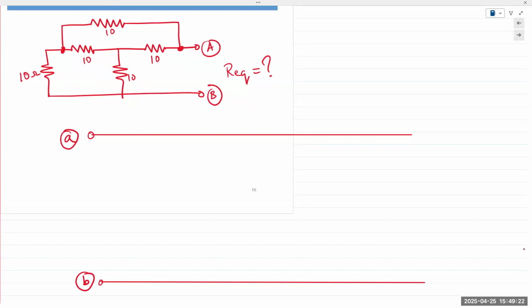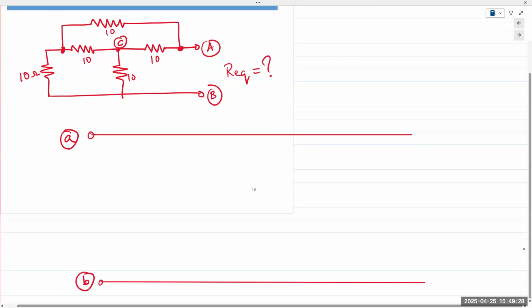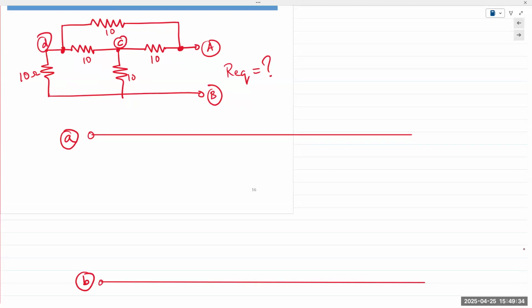Let's name the other nodes. Let's just use C and D. Do we see any other nodes in the circuit? We have other connections, but if you take a look at this, they're all connected by wires. Anything connected by a wire is the exact same node, right?